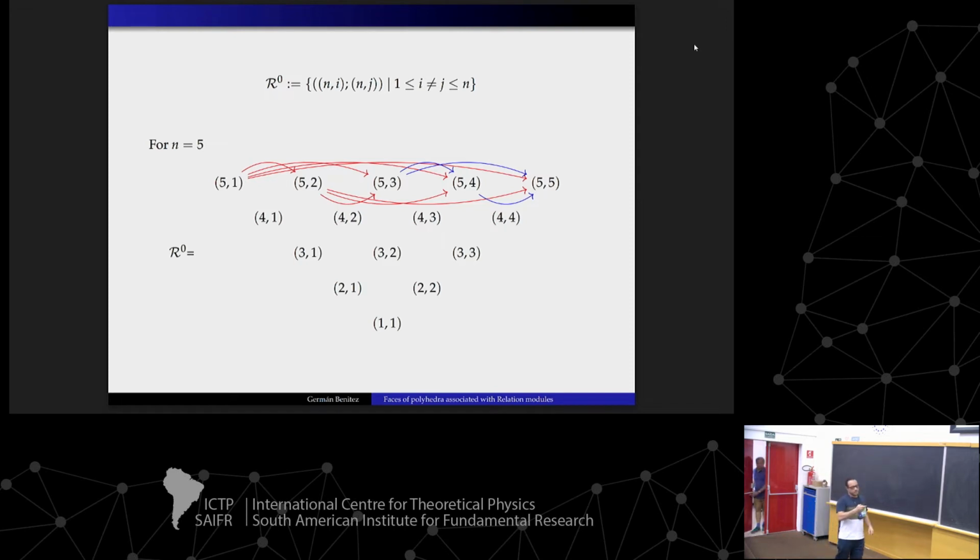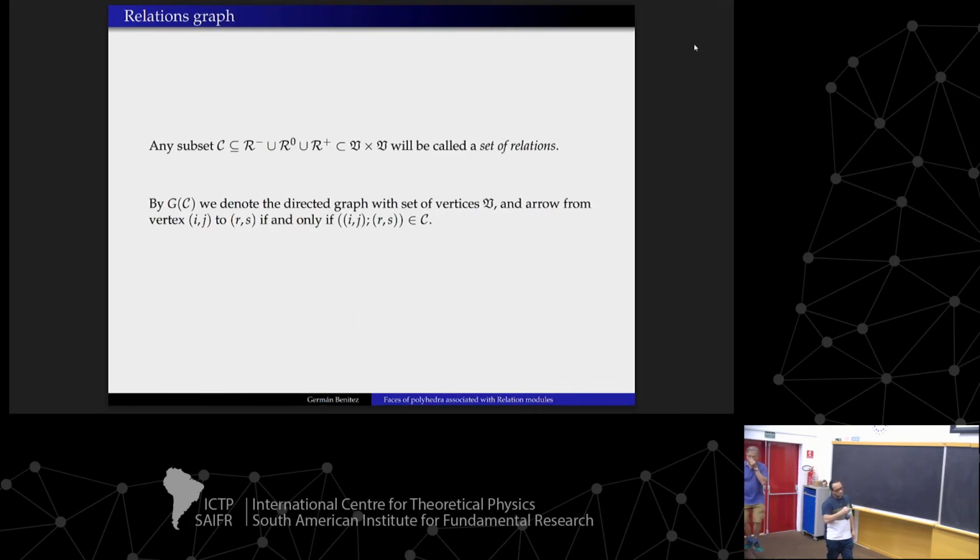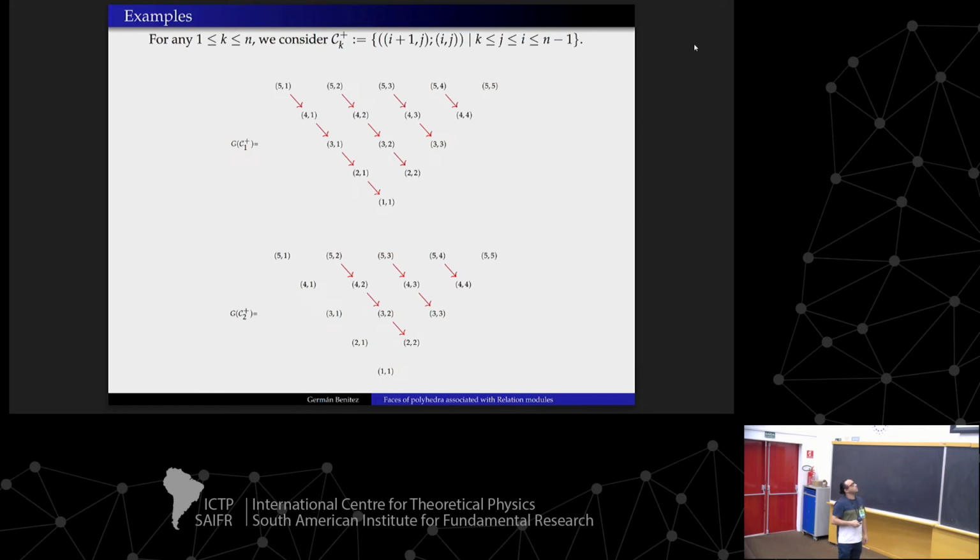A subset of this union is called the set of relations, and we denote by G_R the graph associated with this set of relations. For example, we have R_K plus.